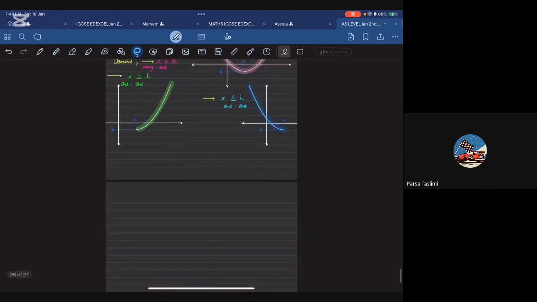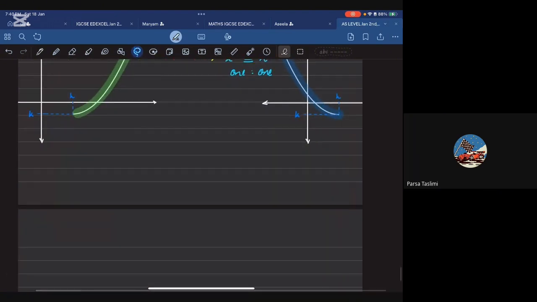No, Mr. Now, one thing that you need to know regarding this is that the domain of the function, your domain of f of x, is equal to the range of your f inverse, the inverse of x.